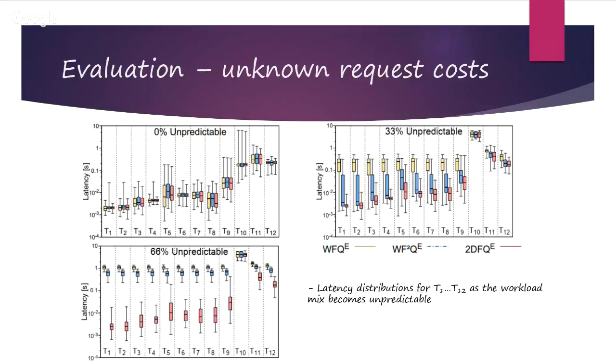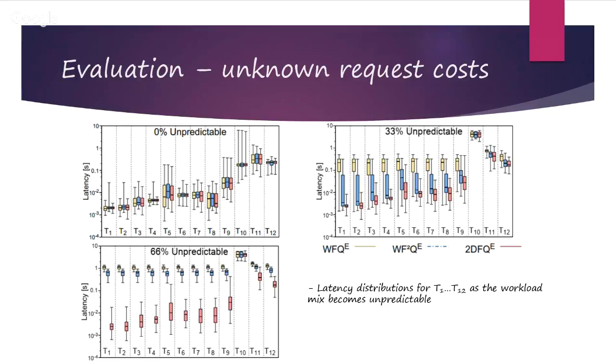And we can see for the baseline load, 0% unpredictable, median and tail latency under weighted fair queuing and two-dimensional fair queuing are comparable. Worst-case weighted fair queuing has similar median latency.